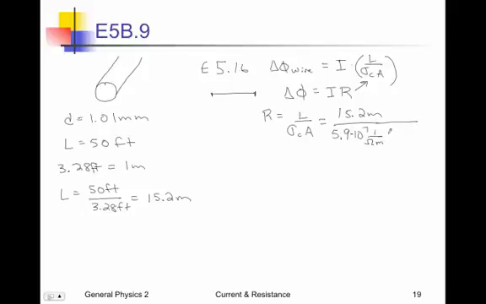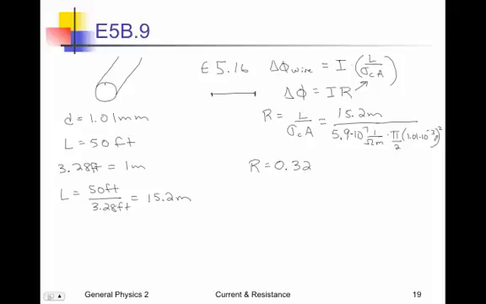Then our area is going to be pi r squared, so that's going to be 1.01 times 10 to the minus 3 meters, squared, and then we have to divide by 2.